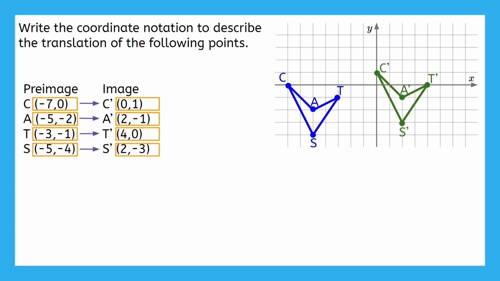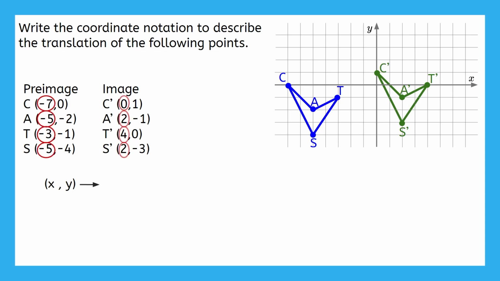The pattern is that 7 was added to all the x values and 1 was added to all the y values. Now we can write the coordinate notation for this. We always start by writing x and y in parentheses and an arrow. Now we write what happened to x and y.